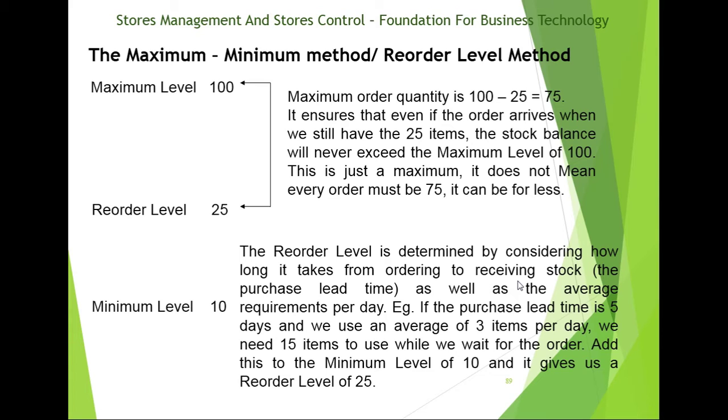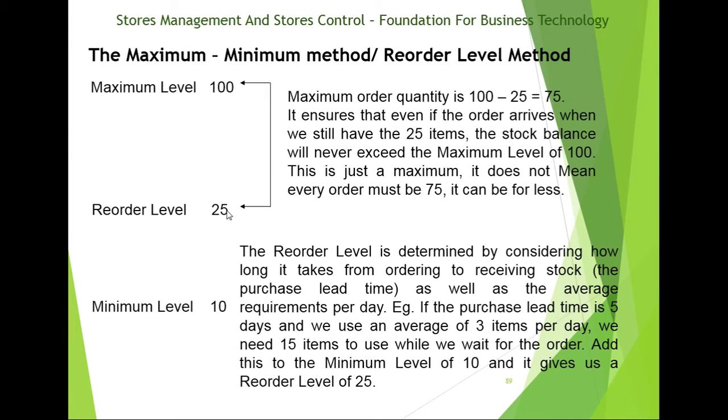If the supplier takes 5 days to deliver, and every day we use 3 items, it means that we will need a total of 15 items to use during the lead time. We now add that 15 to the minimum level of 10, and that gives us the reorder level of 25.